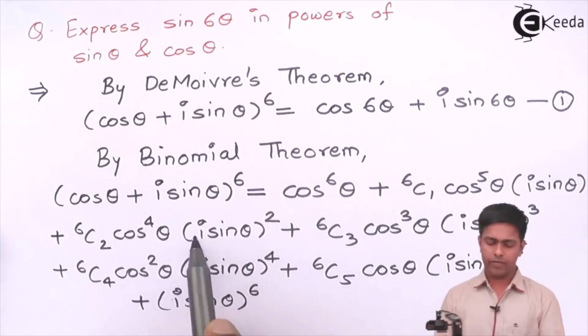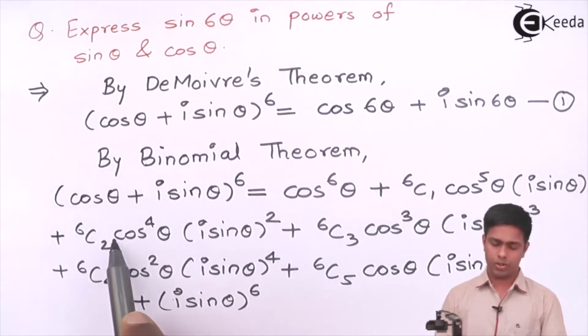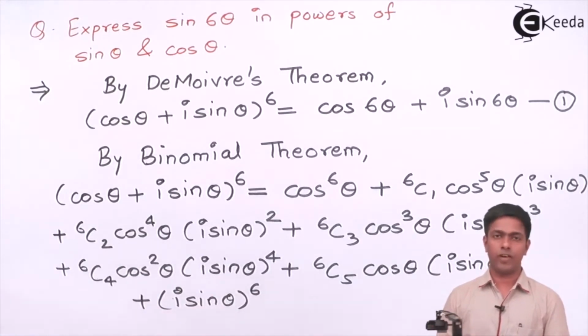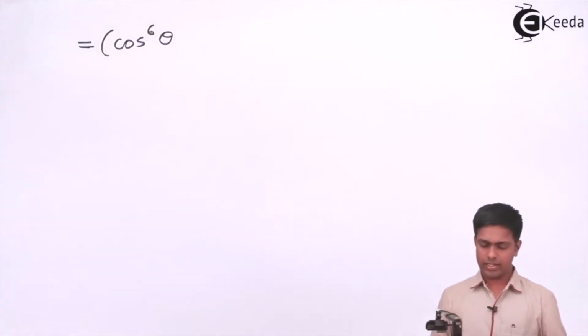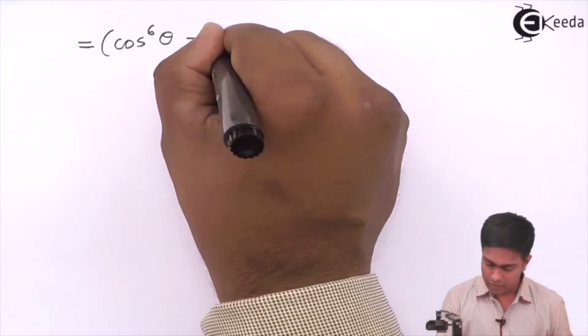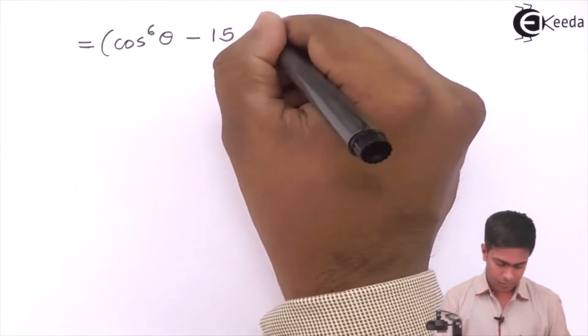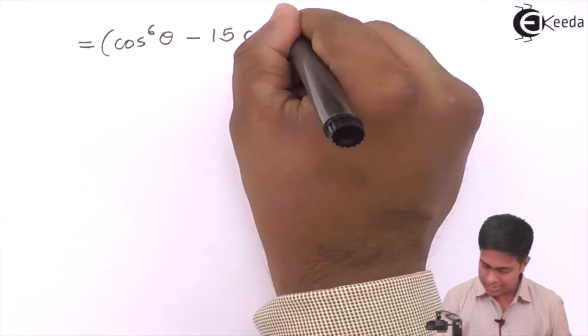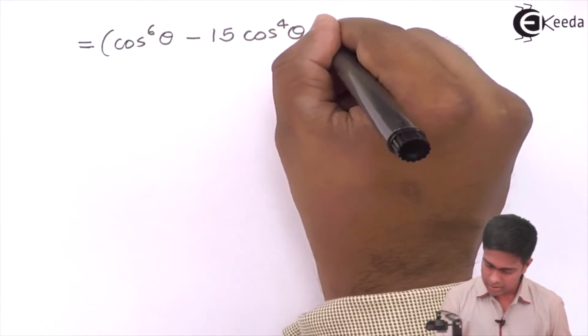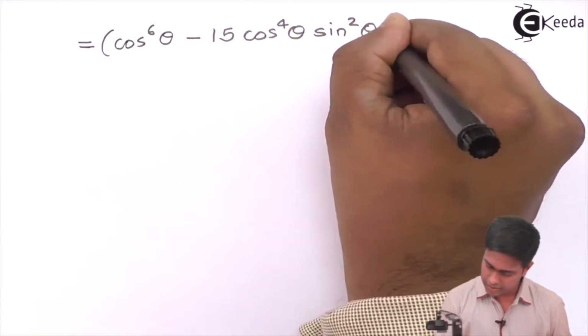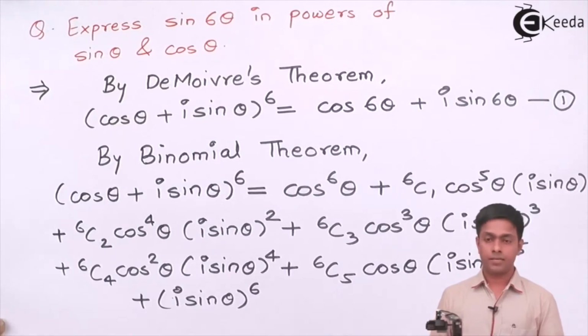So negative 6C2. The value of 6C2, if we evaluate, is 15. So here I'll say -15 cos raised to 4 theta sin square theta. Next, this is an imaginary term.